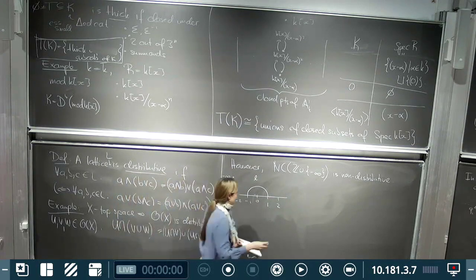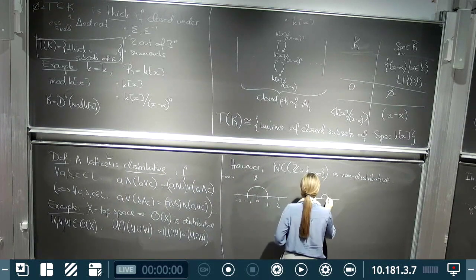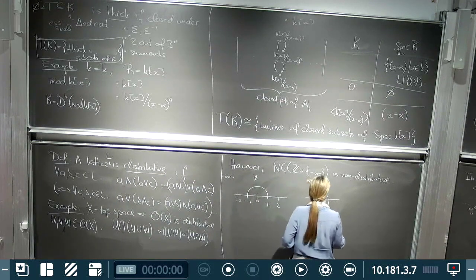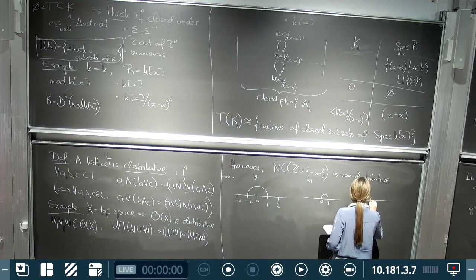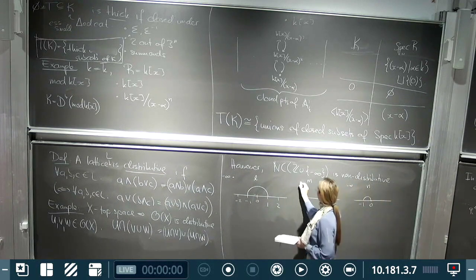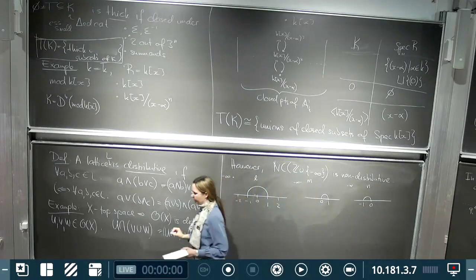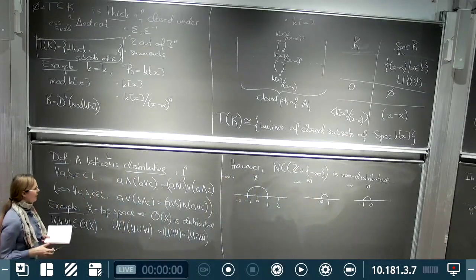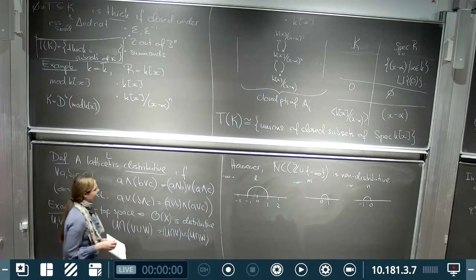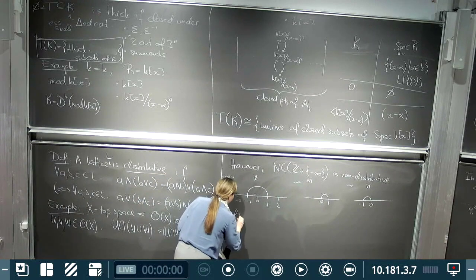And then we look at M, which also has one block of size 2 with 0 and 1, and we're going to look at N, which has one block of size 2 with minus 1 and 0. Okay. So something like that. So let's check if distributivity holds here. And spoiler alert, it will not.